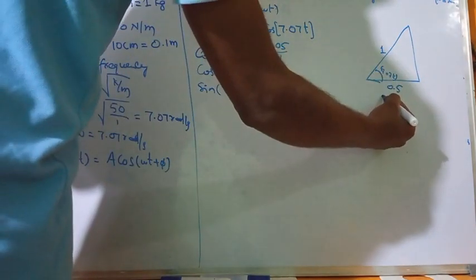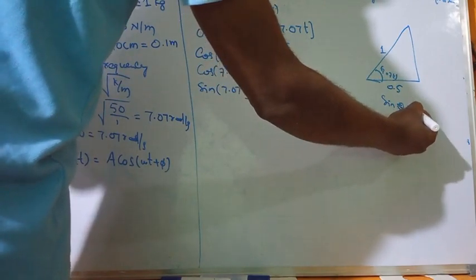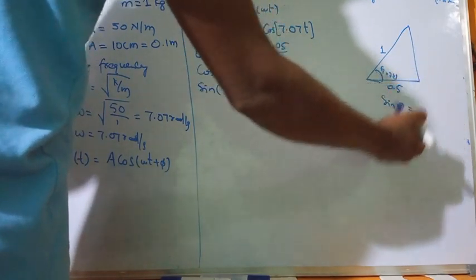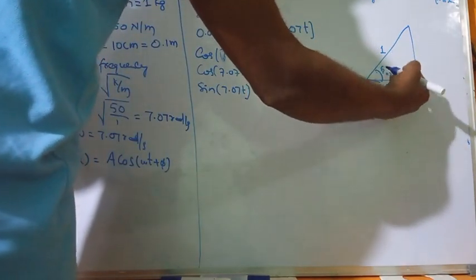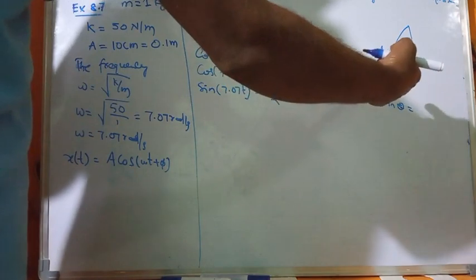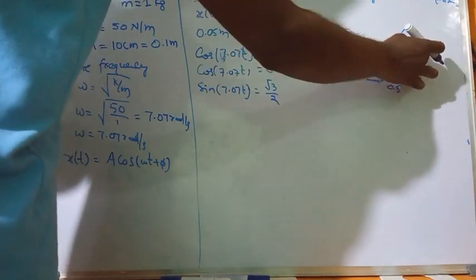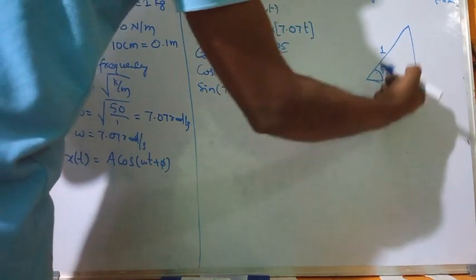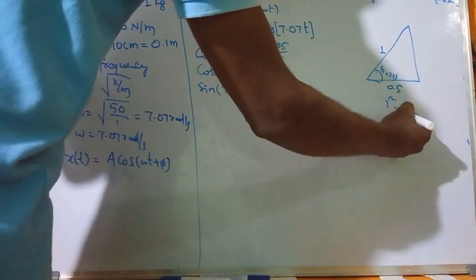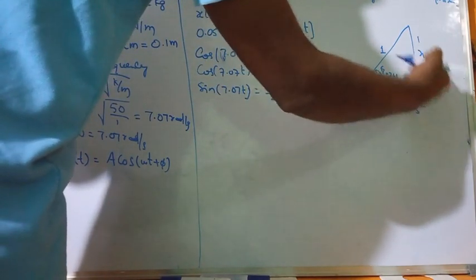If you are writing sine theta, that is opposite side by hypotenuse. By Pythagoras law we can find this out: 1 square is equal to 0.5 square plus x square, where x is an unknown quantity.